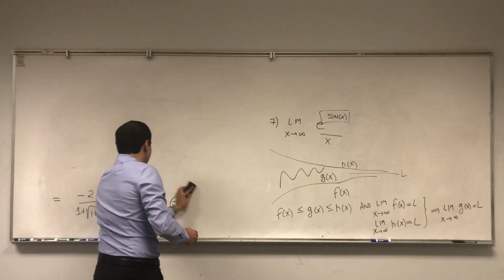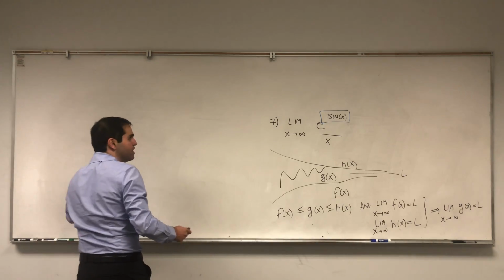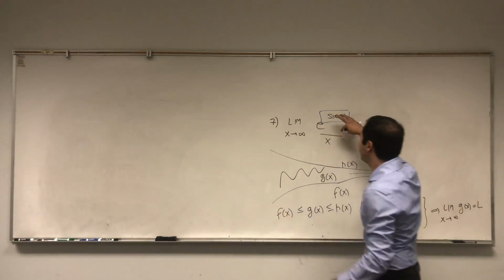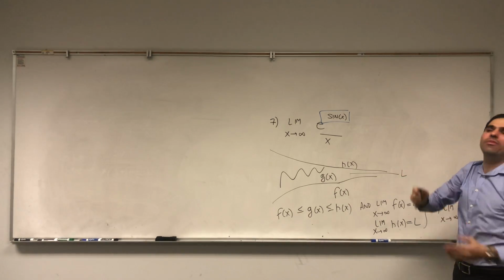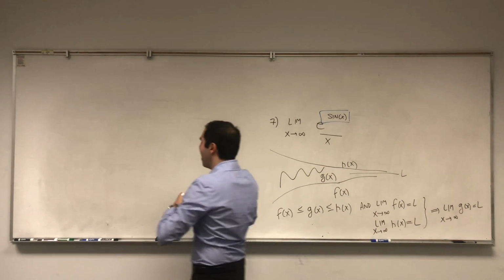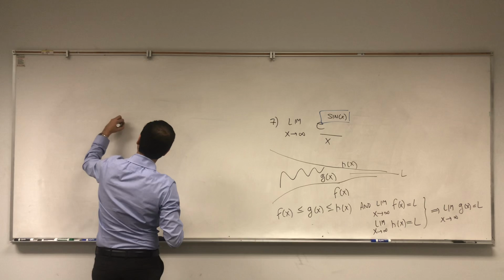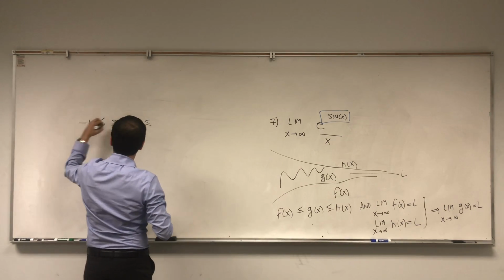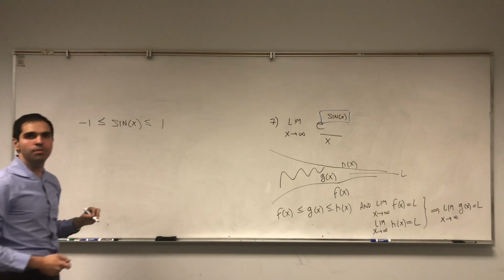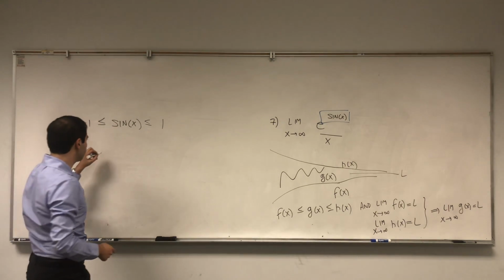Now what's the idea? The idea is we think of this function as a complicated wiggly thing, and we want to bound it with two much easier functions. How do we do that? With one of the most important inequalities about sine. Well, sine of anything is between -1 and 1.